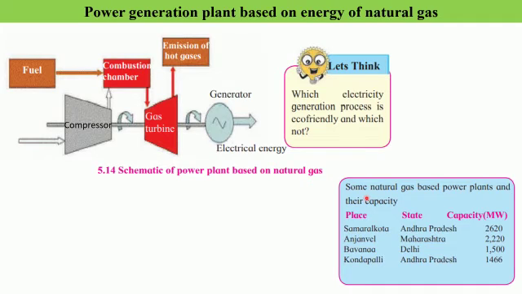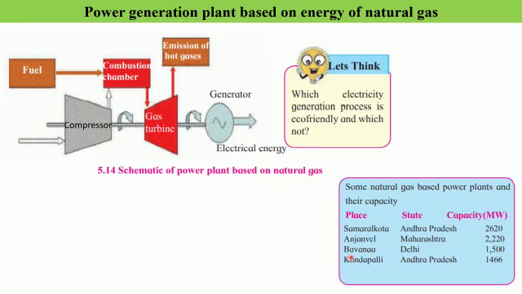There are some places in India where we have these natural gas power plants. The first one is at Samalkot, in Andhra Pradesh, and it generates 2620 megawatt of electrical energy. Next one is at Anjanvel in Maharashtra, where 2220 megawatt of electrical energy is generated.